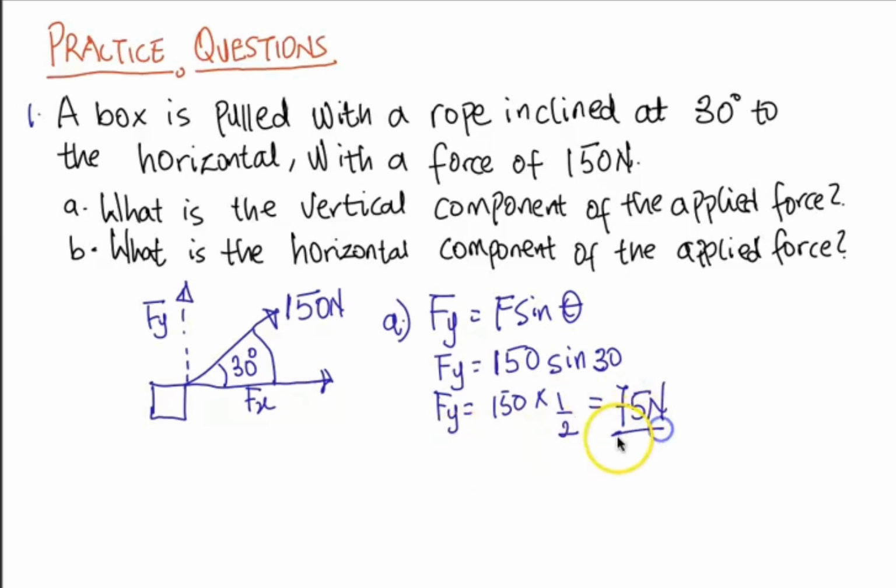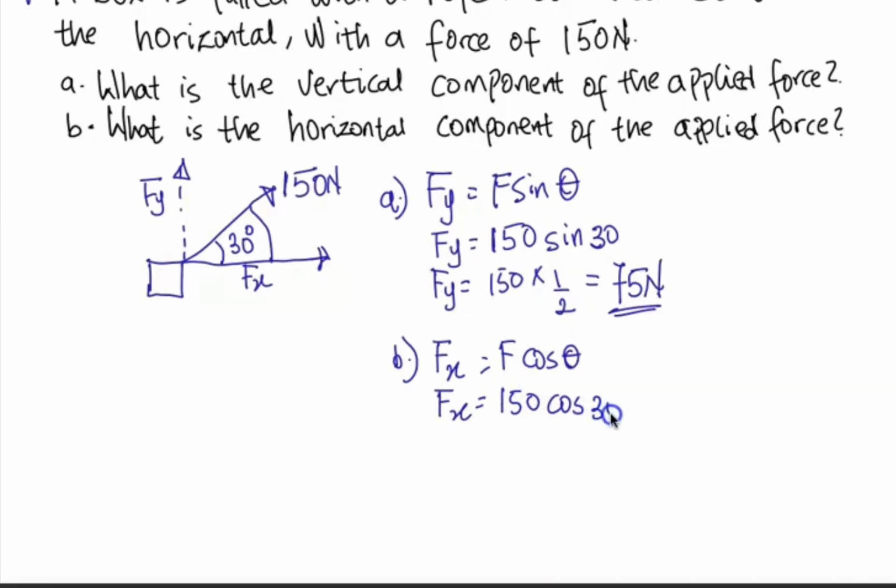So this is the vertical component of the applied force. So to the B part, we have Fx, and Fx will be calculated using F cos theta. So Fx will be the force, which is 150 cos 30 degrees.